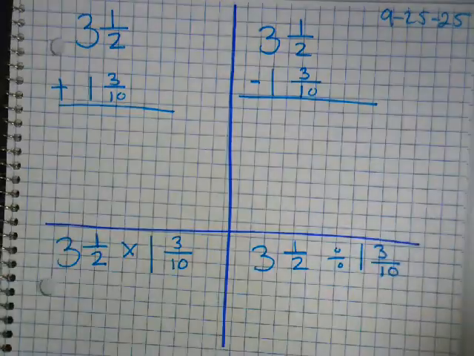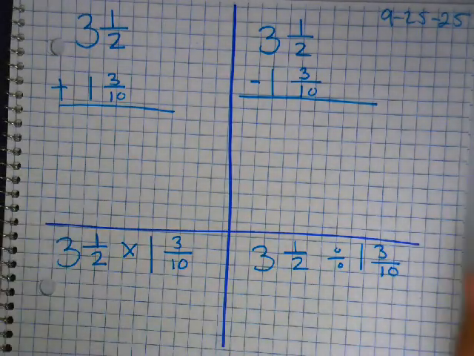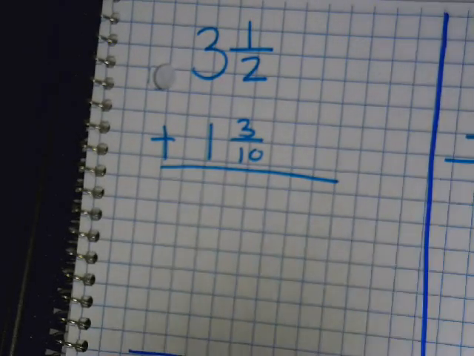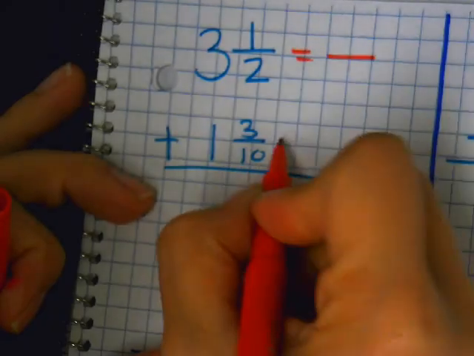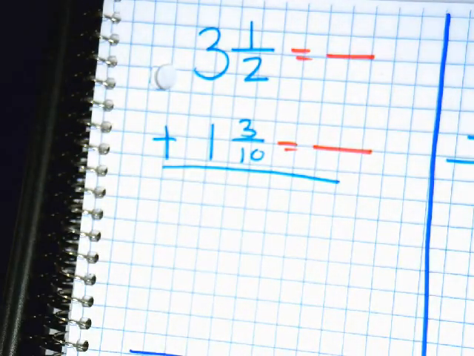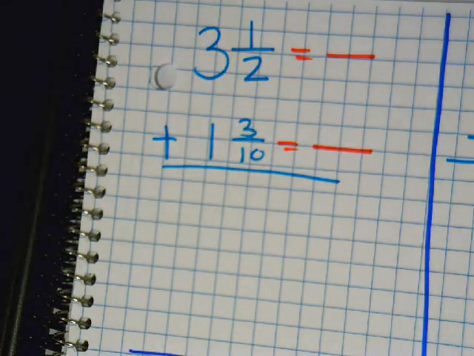All right, here we go. So, for addition, what do we have to do for addition? Common denominators. Focus. What do they have in common? 10.